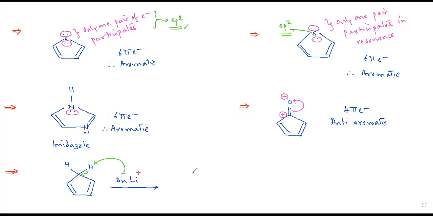Now, as a result, it becomes this. The negative charge, of course, you still have a hydrogen. The negative along with the Li plus. Now, this has 6 pi electrons. Plus, of course, the butane.